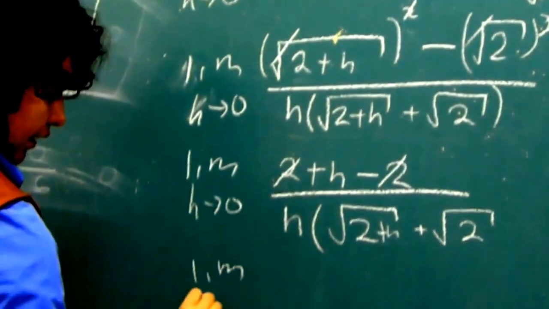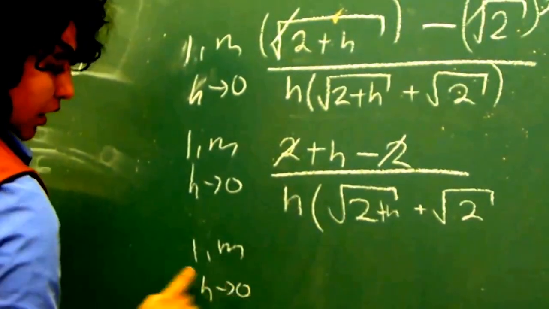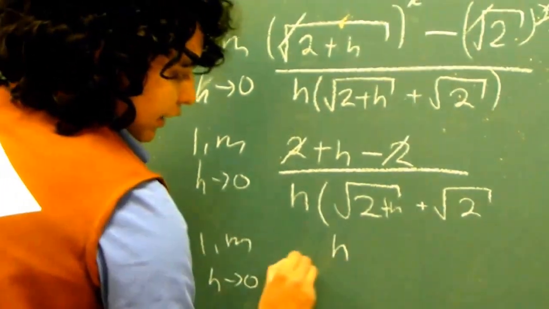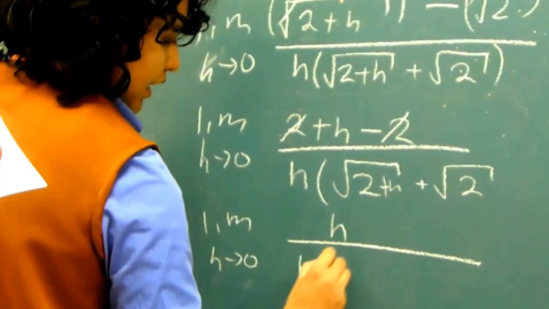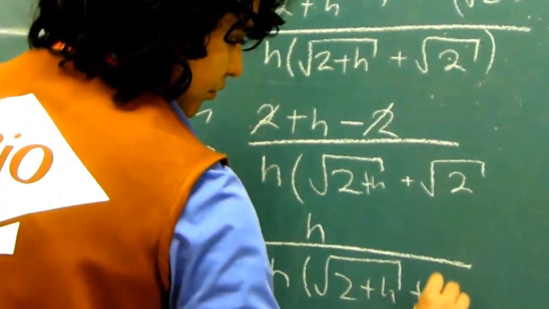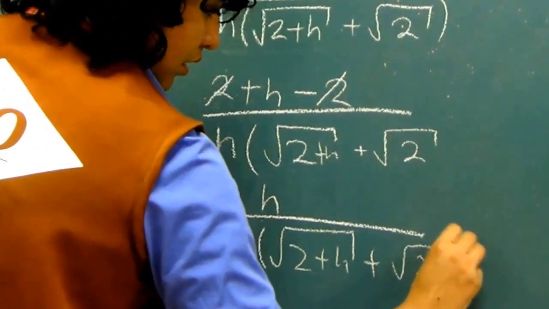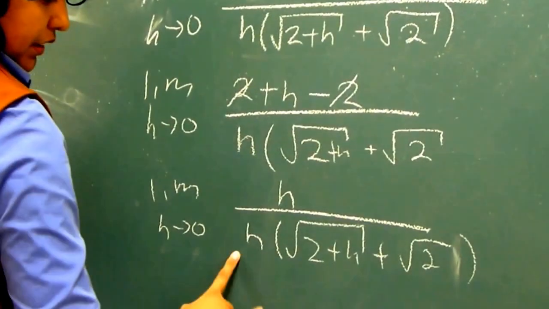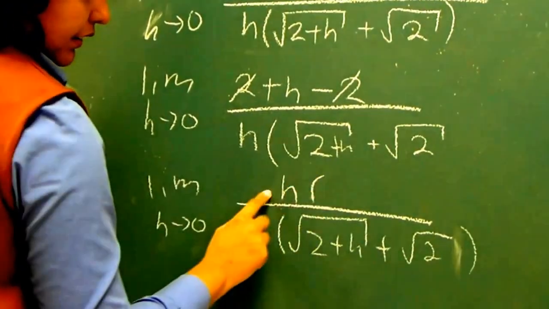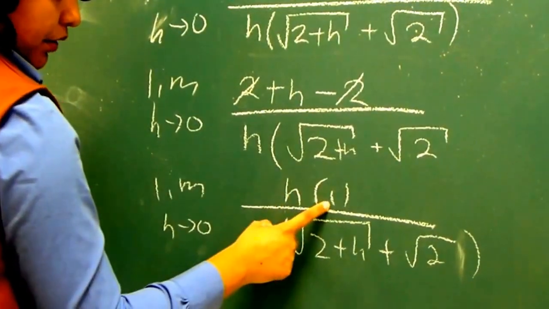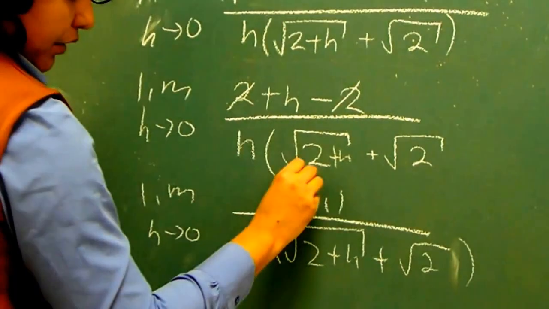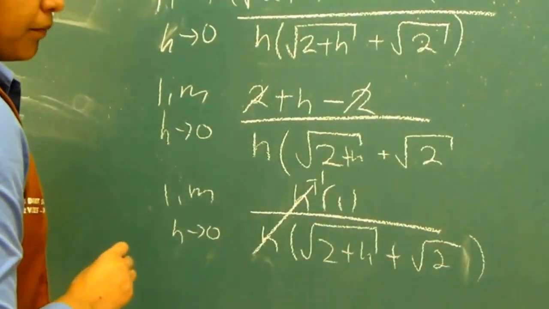When we simplify that, we have the limit as h is approaching 0, with h on the top, and h in the denominator times all this. Since this is a multiplication, on the top we can rewrite this as h times 1, and we can delete those h's because that's just equal to 1.